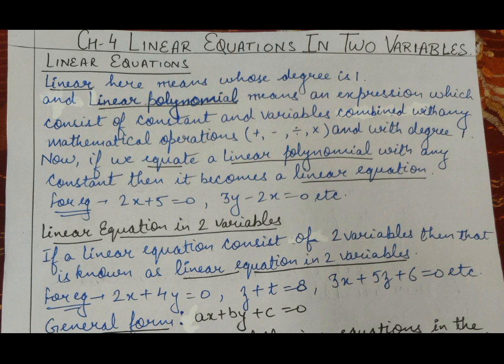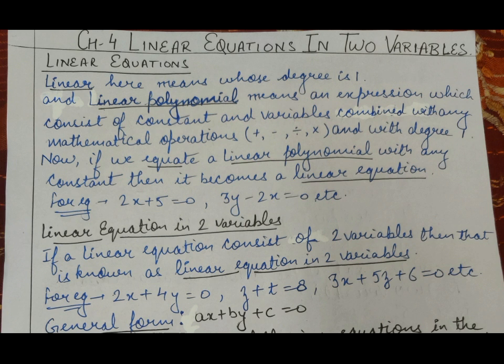For example, 2x plus 4y equals 0 is considered to be a linear equation in two variables, as this equation has degree 1 and is being equated with some constant also, so that's why it is a linear equation, and it consists of two variables also. So that means it is an example of a linear equation in two variables.